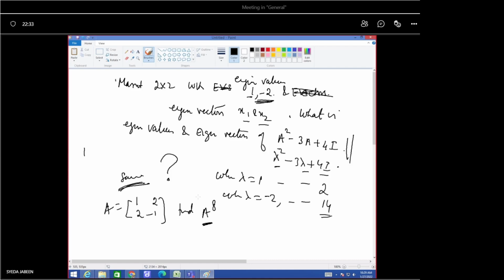So for that, first find the characteristic equation, replace lambda with the matrix A, and then do some operations. You have to check what you have to do. 625. Yes, so fast you did. Post your solution.